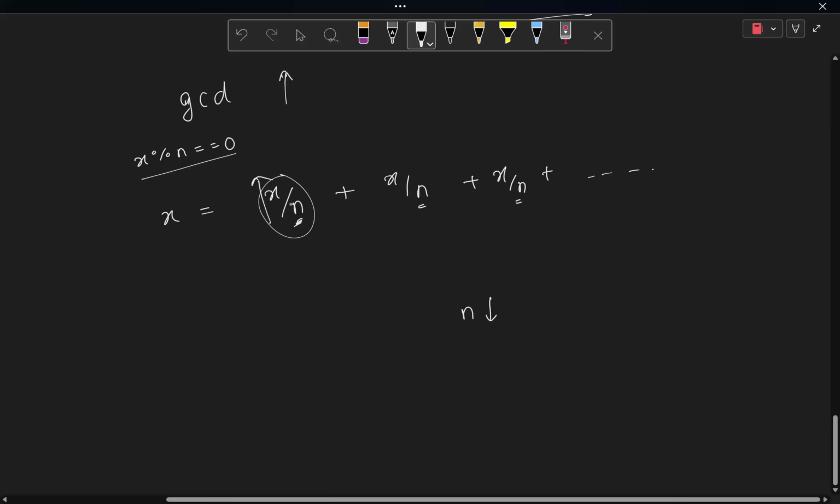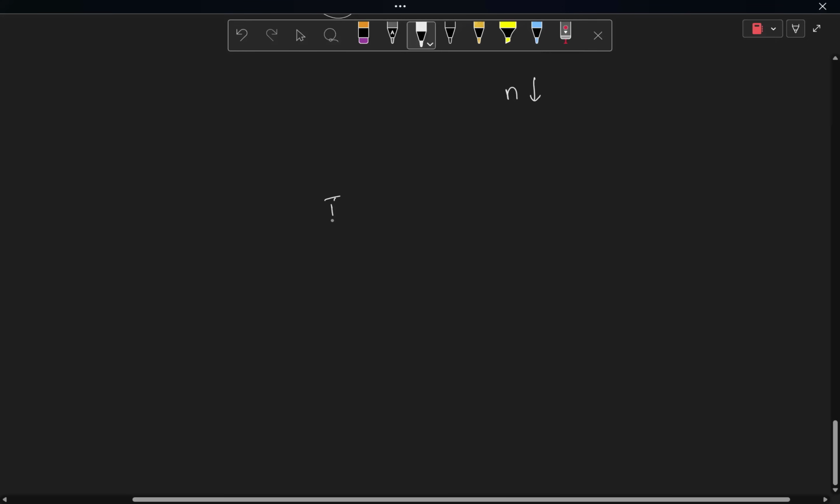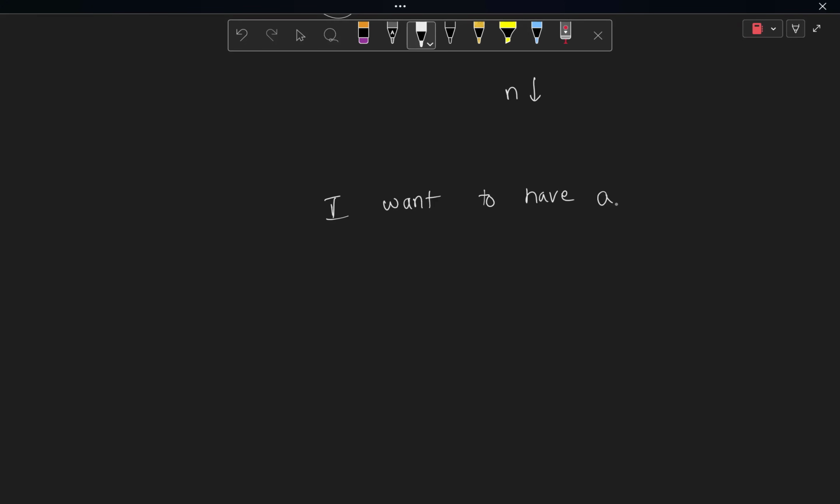And this n should be a divisor of x here. So I want to have a small factor of x coming as n dash.